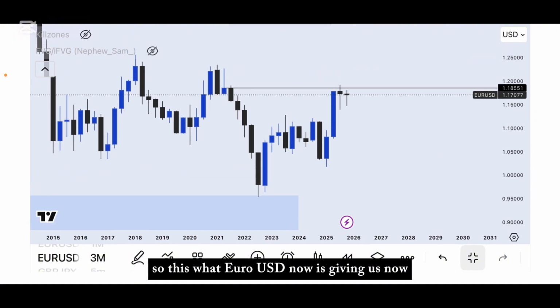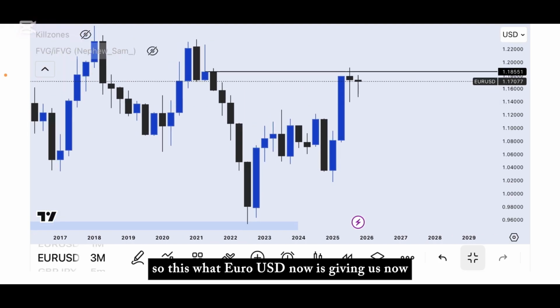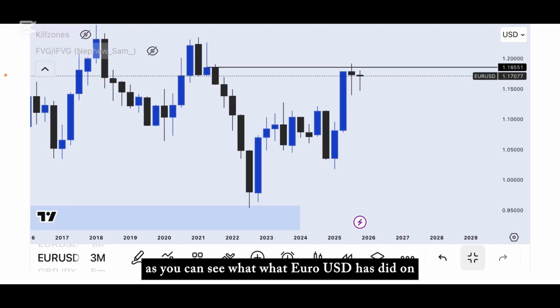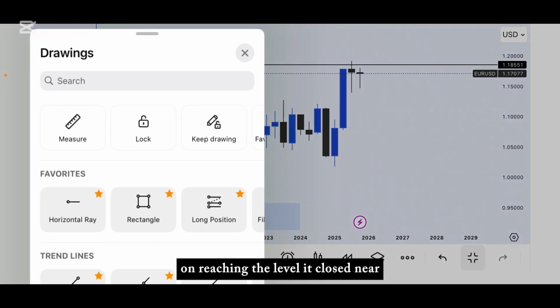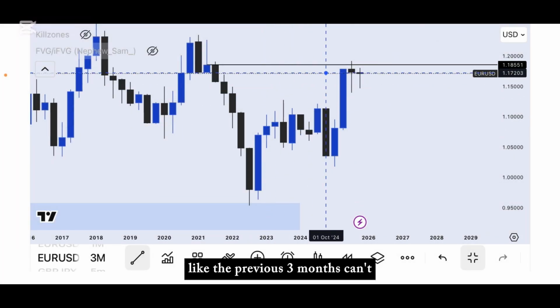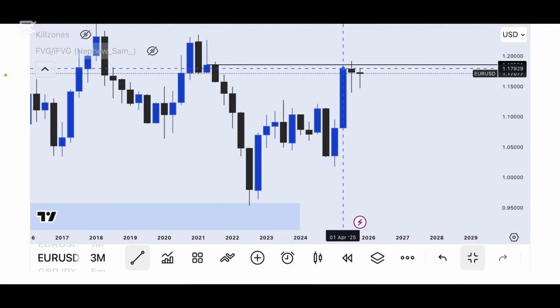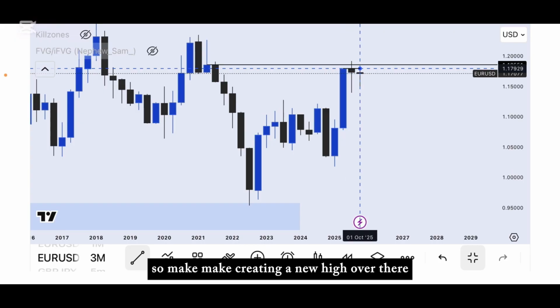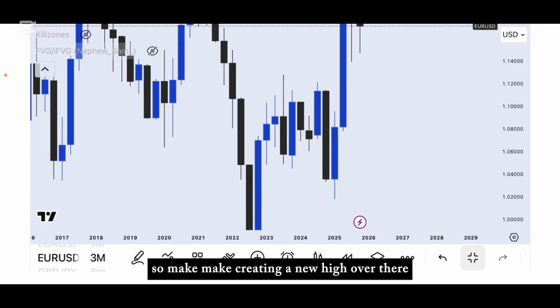So this is what Euro USD is giving us. Now, as you can see, on reaching the level, the previous 3 months candle closed near the resistance line, creating a new high over there.